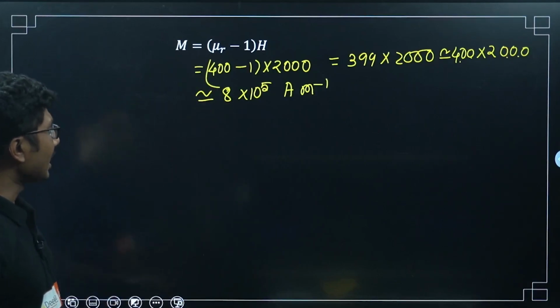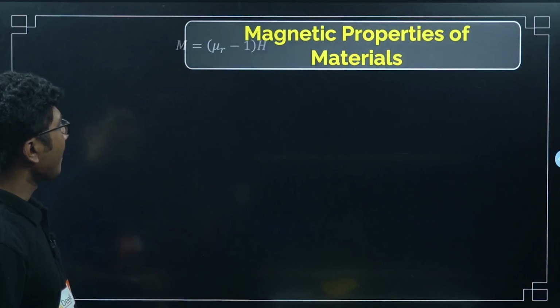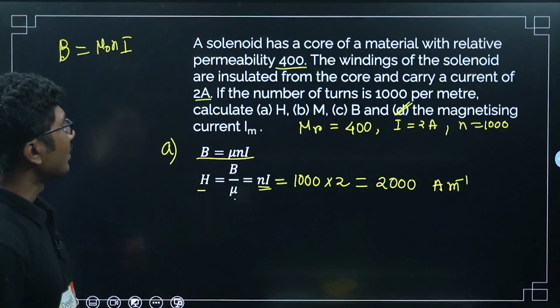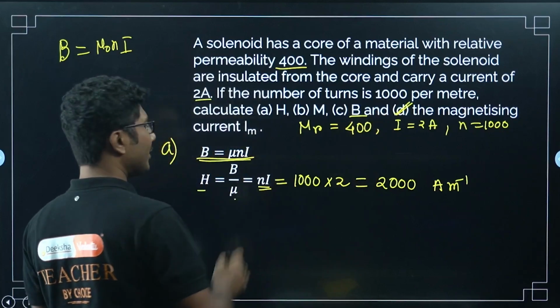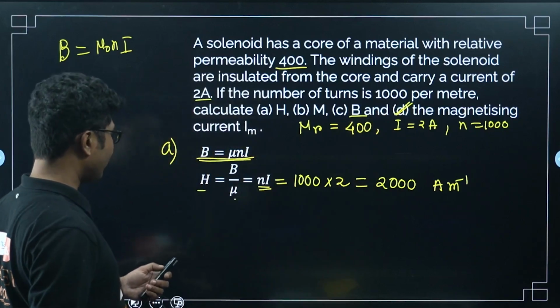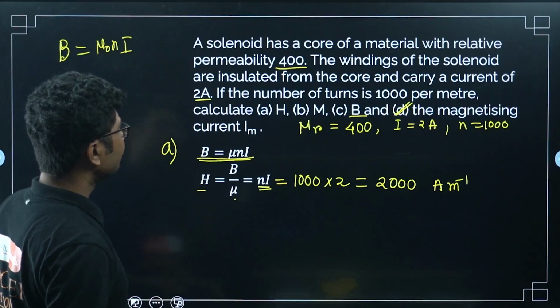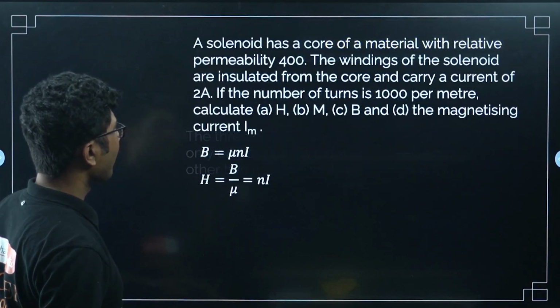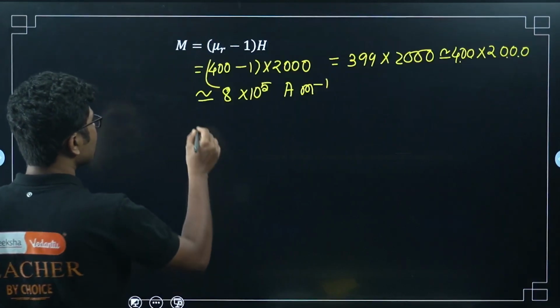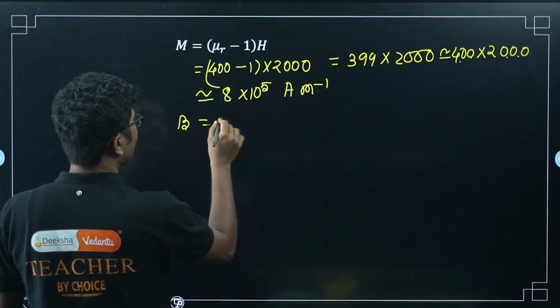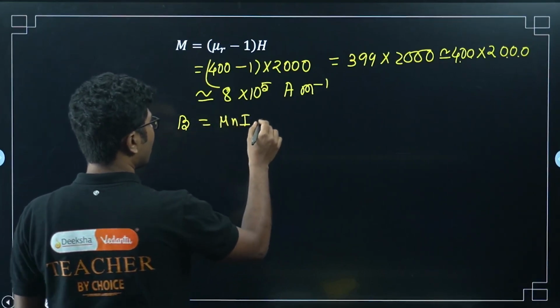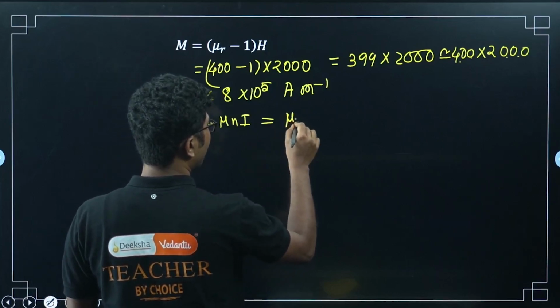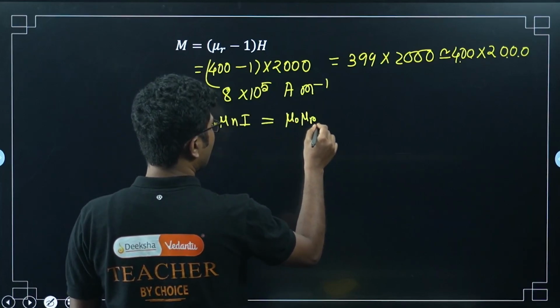Now what else was asked? They have asked you B also. We already know the B formula, so let's use that formula and calculate B. So B is mu Ni, right? And mu is mu naught, mu r.